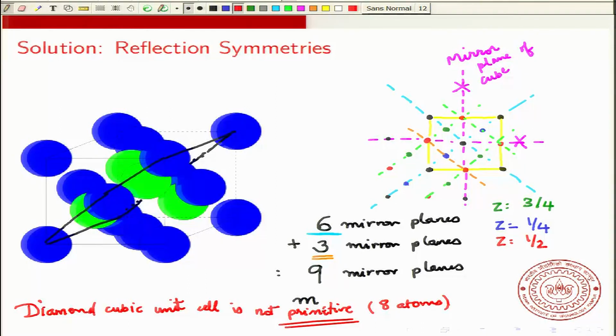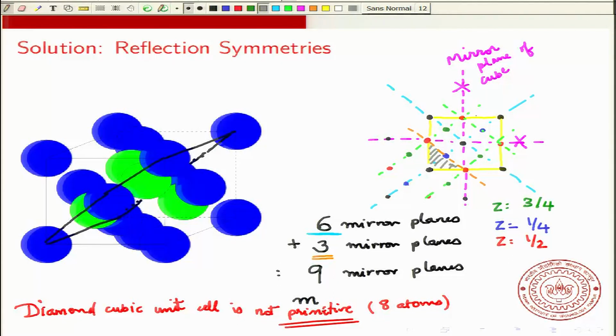And so what we want to say is that this small unit that is shown here, that I have shaded, this is 1/8 of the cell.